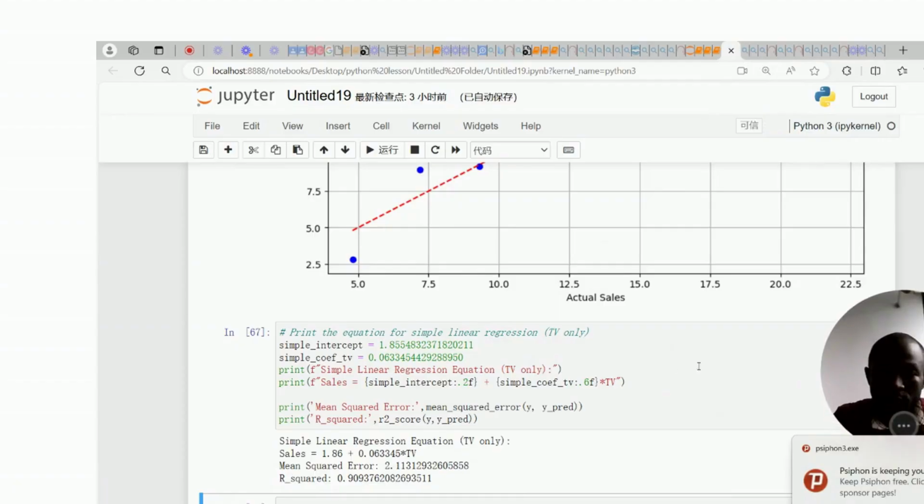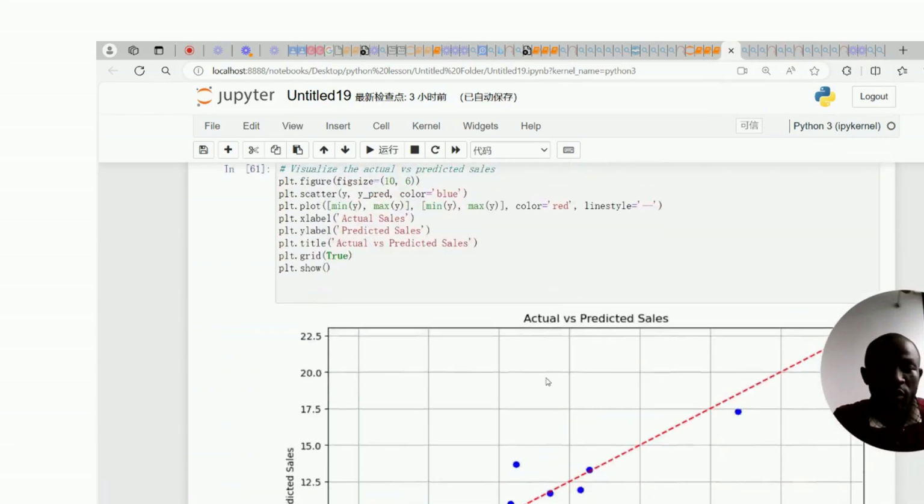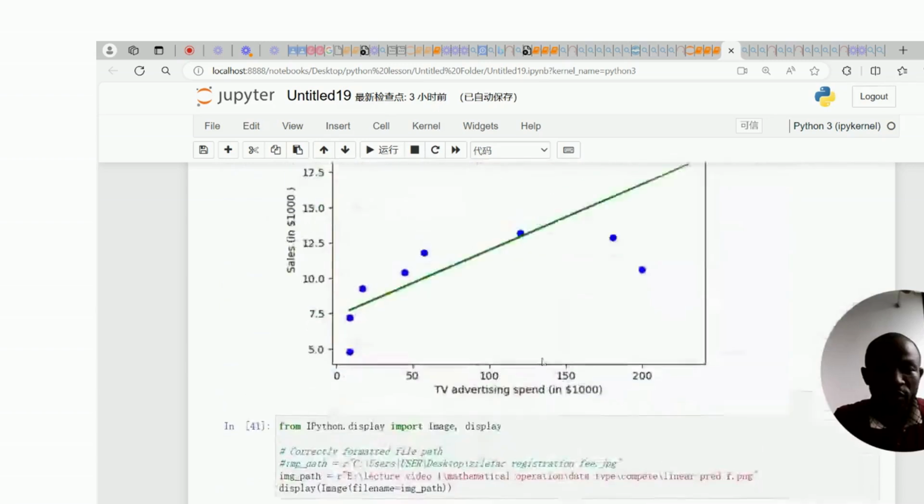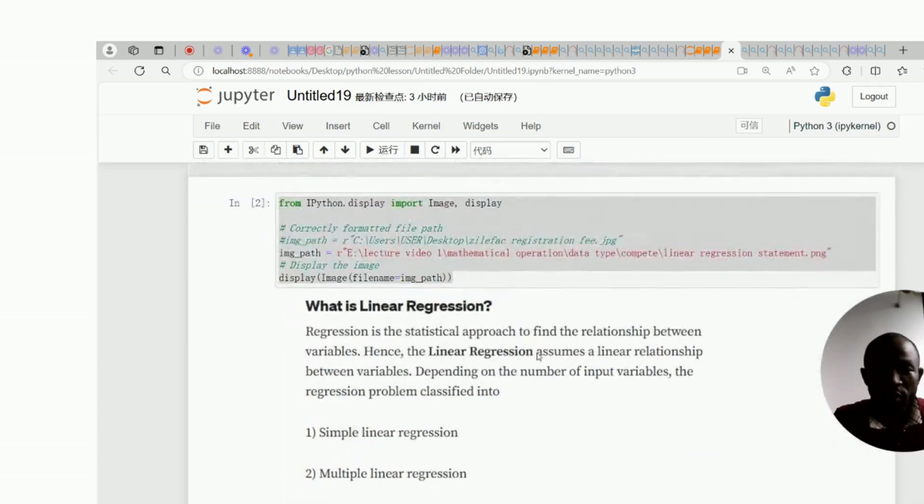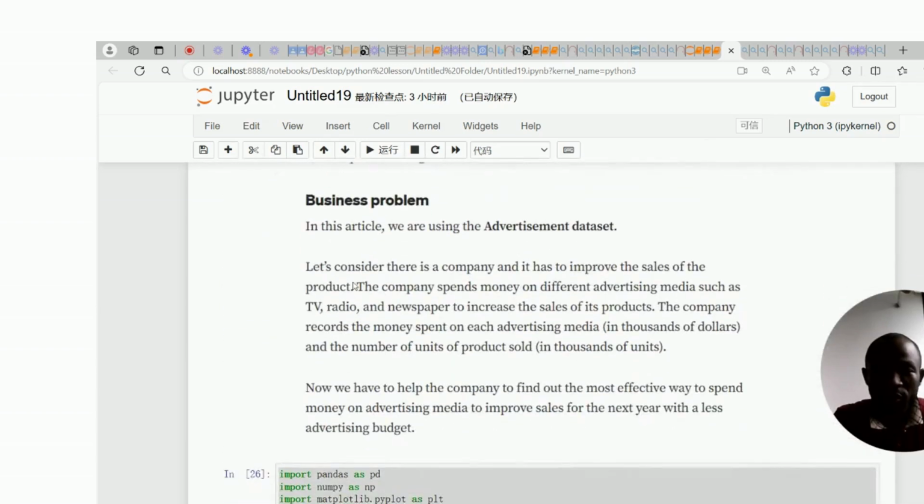Now, to conclude, let us look at our question before we conclude. The question tells us the business problem in this article. Consider a company that has to improve the sale of a product.